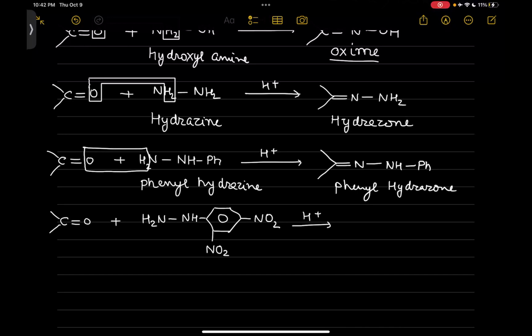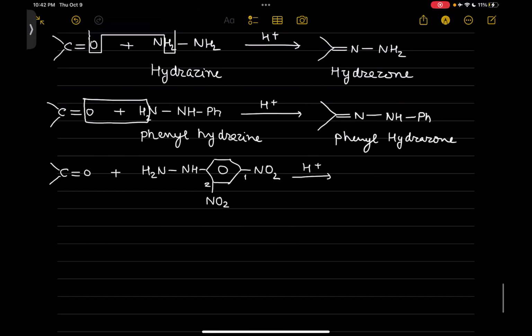This is phenylhydrazine with two nitro groups at the second and the fourth position. Got it?